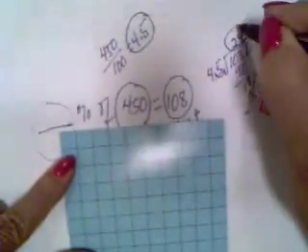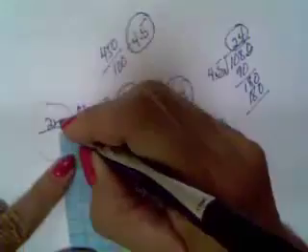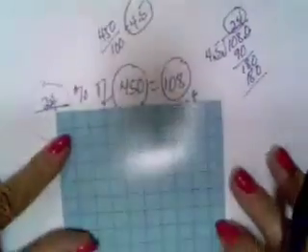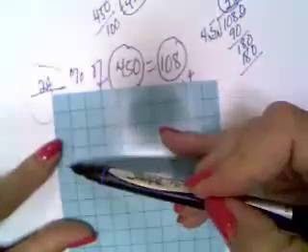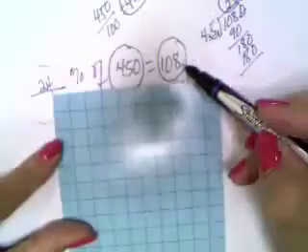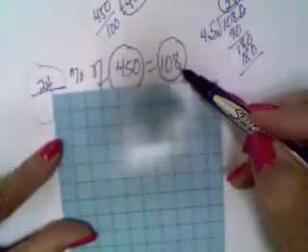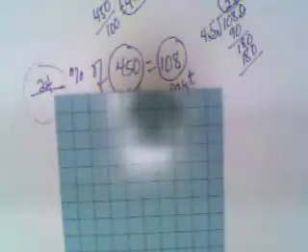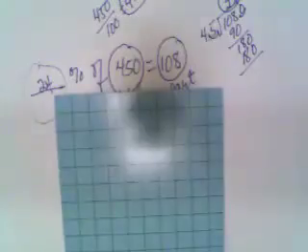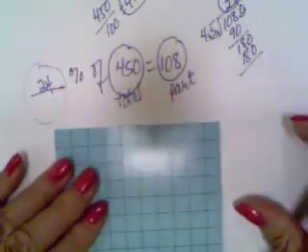So there would be 24%, or 24 squares, that would make up 108. So again, that's taking the total and the part and finding the percent.